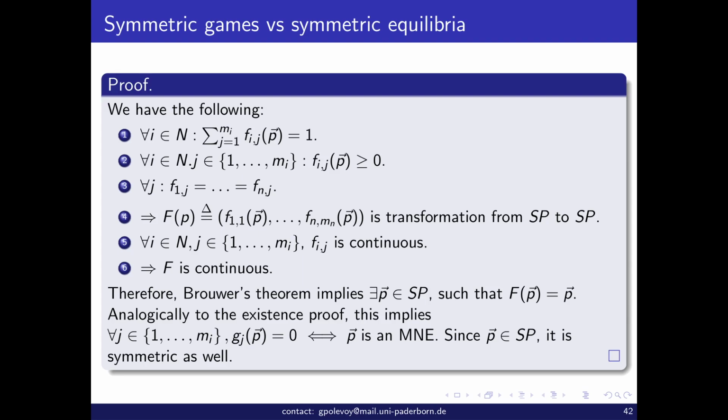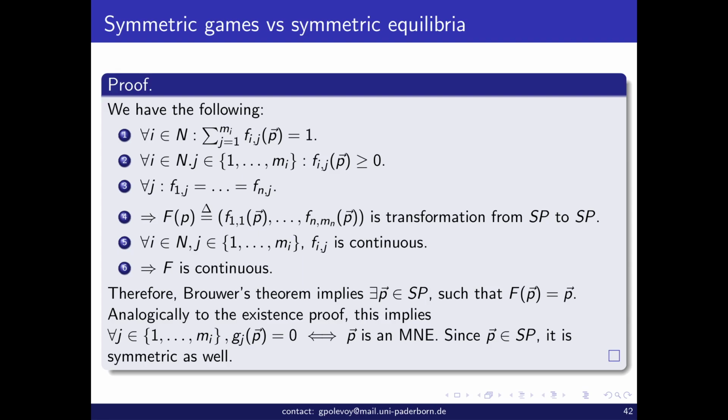The existence of a point p such that F(p) is equal to p implies that for each j, G_j(p) is 0, that, as we proved, is equivalent to p being a mixed Nash equilibrium.